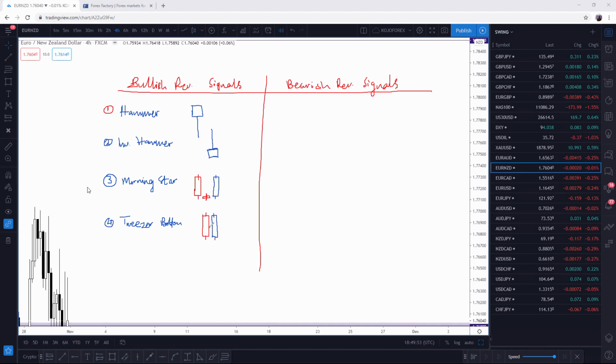It's called the tweezer bottom. And then number five, we have the bullish engulfing candle. How does the bullish engulfing look? You usually have a small bearish candle which gets engulfed by a bullish candle.